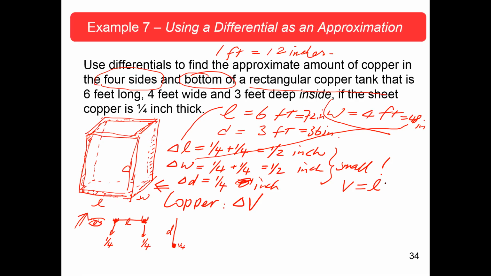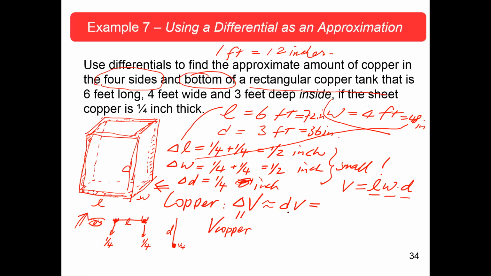So with the copper, the total volume is going to increase by a certain amount, and this is delta V. Because of these small changes in the independent variables, delta V can be approximated by dV. So we can use the differential of the volume to approximate the change of the volume, which is basically the volume of the copper.